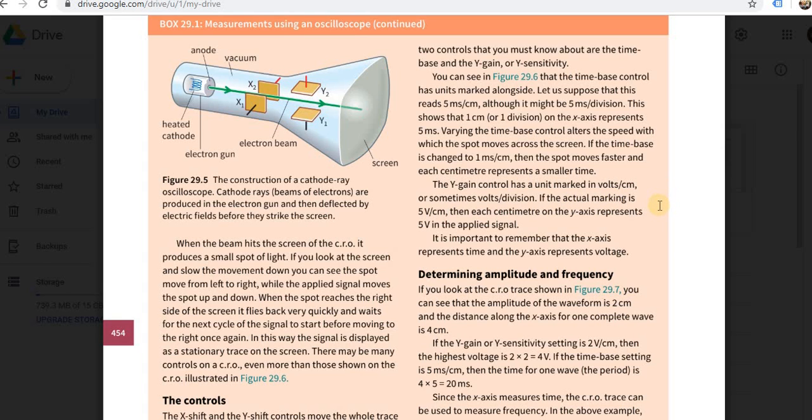If the actual marking is 5 volts per centimeter, then each centimeter on the y-axis represents 5 volts in the applied signal. It is important to remember that the x-axis represents time and the y-axis represents voltage. So remember this, very easy.